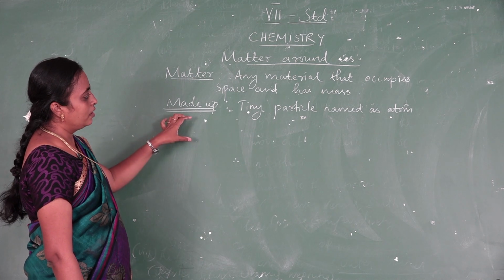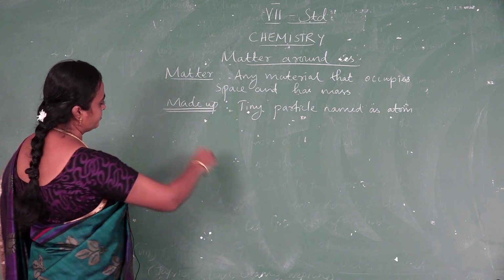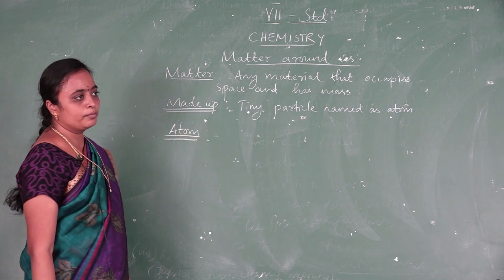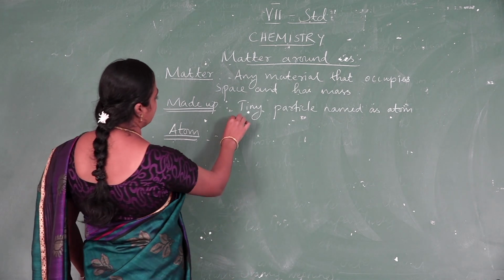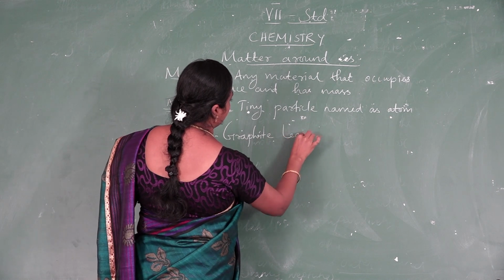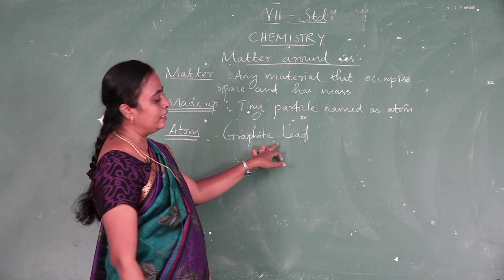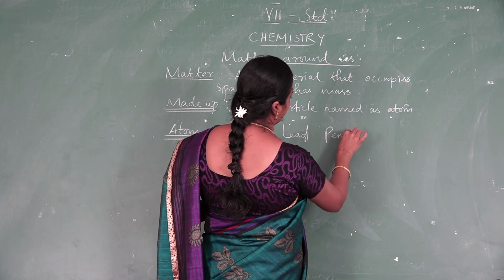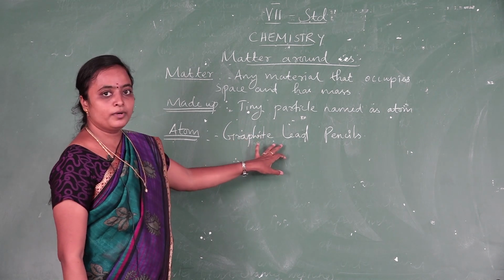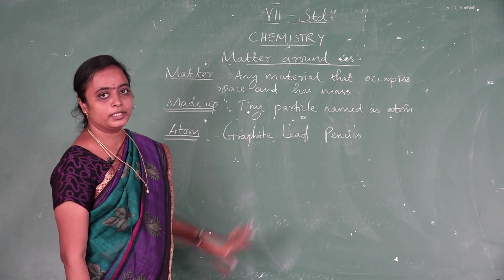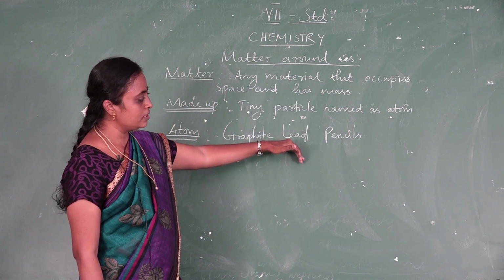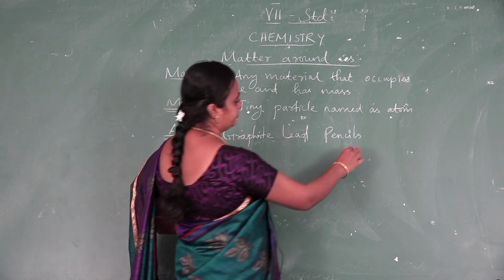Next, if you take an atom, I'll give an example. Take graphite lead pencils, which are made up of an individual element, carbon.